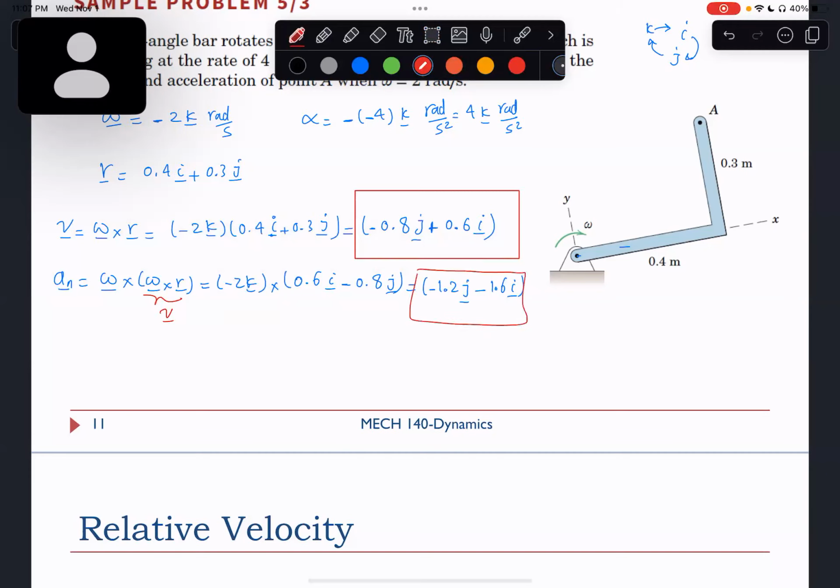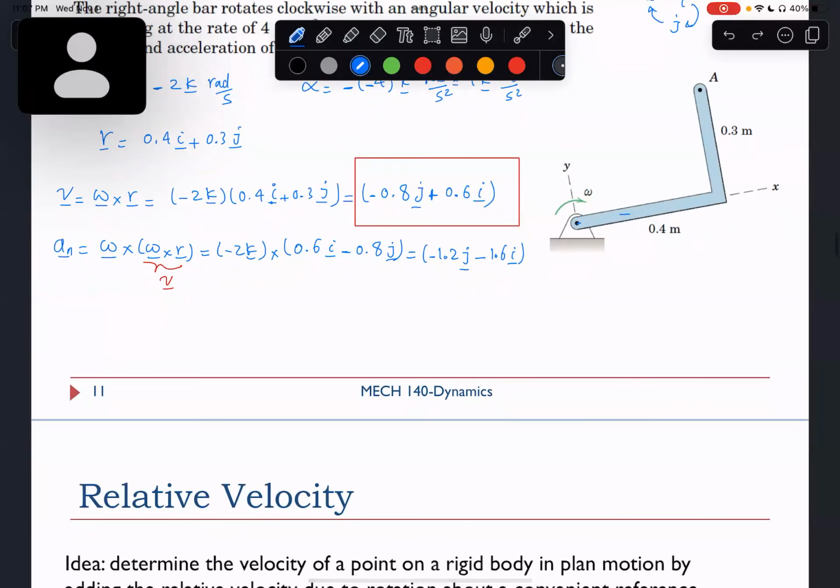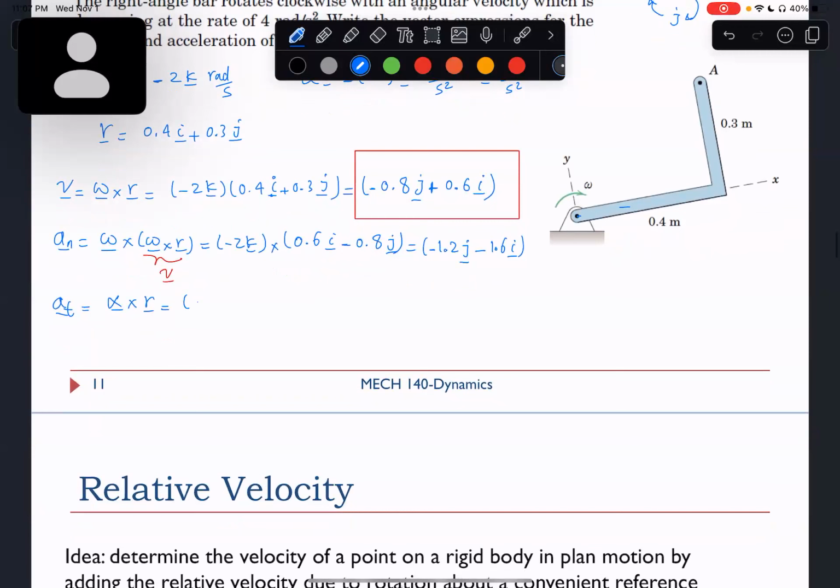It's the second thing that we were after. Or let me write AT first. AT is alpha crossed with R. So alpha is positive 4k, right?